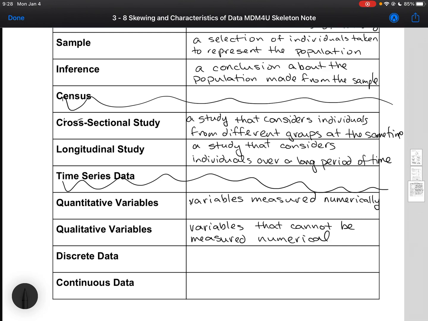And our final pair that we have here is discrete data versus continuous data. Discrete data is data that is only described using whole numbers.